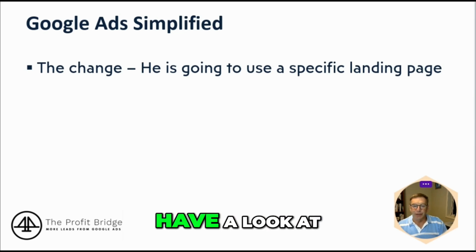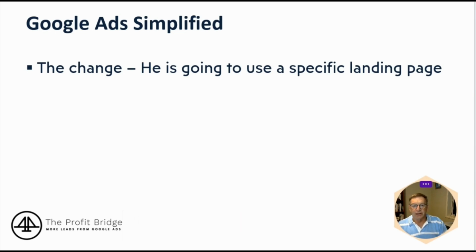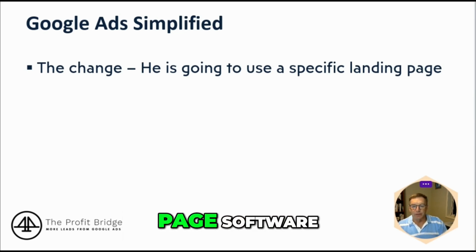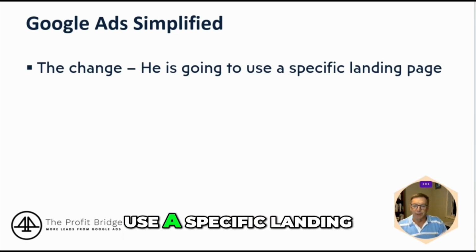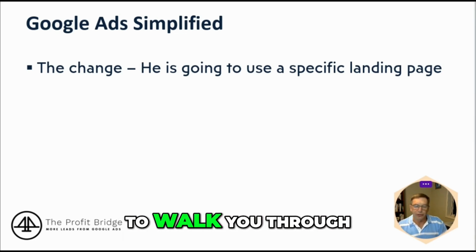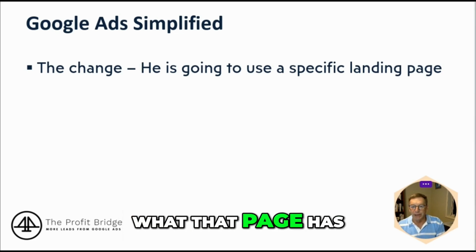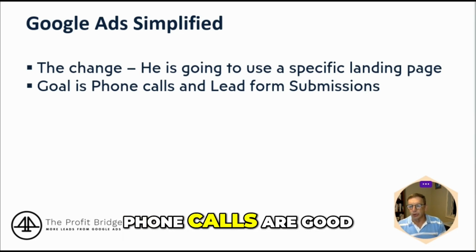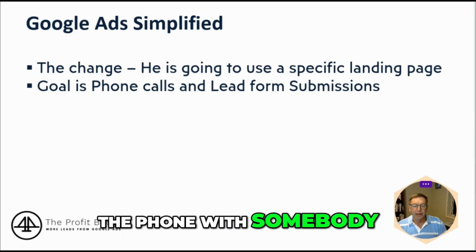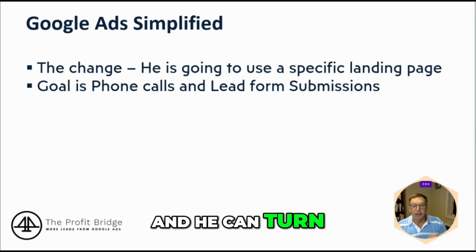You may need to have a look at different options. You can Google landing page software, all these different things. There's plenty out there to choose from. But we're going to use a specific landing page, and I'm going to walk you through what that page has to have. So his goal is two things. One, phone calls are good for him. He can get on the phone with somebody and turn them into business from the call.